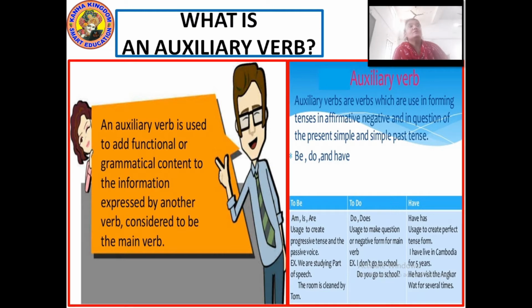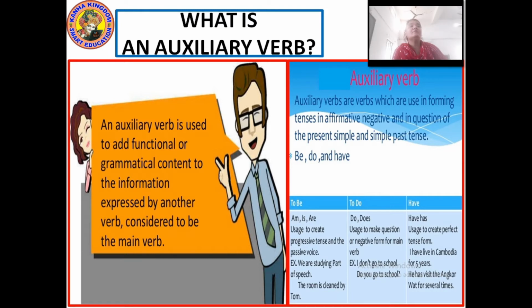So, what is an auxiliary verb? An auxiliary verb is used to add functional or grammatical content to the information expressed by another verb, considered to be the main verb. The verbs I am talking about, like sit, stand, read, write, drink, eat, walk, run, jump, are the main verbs.